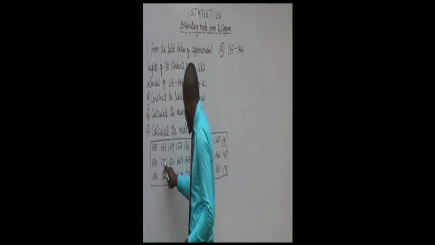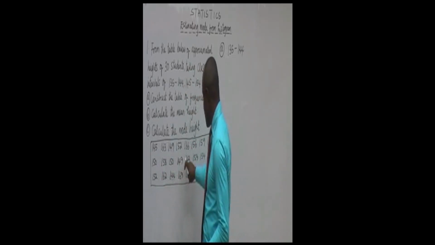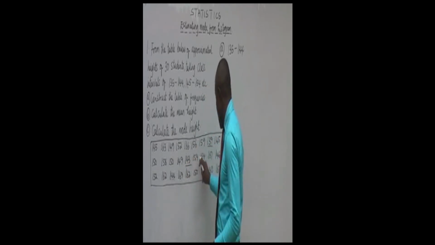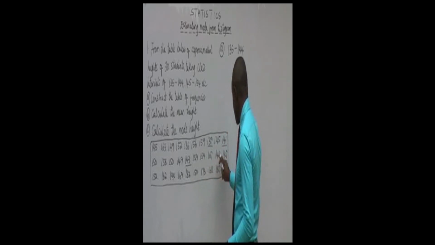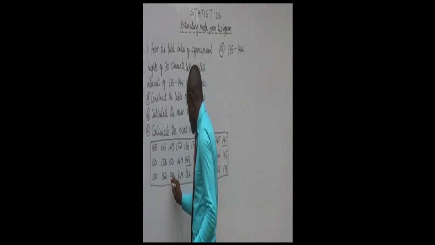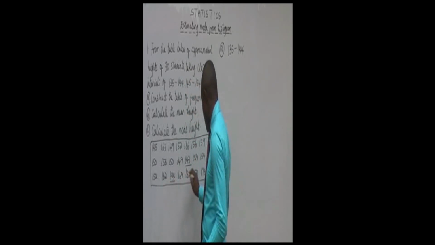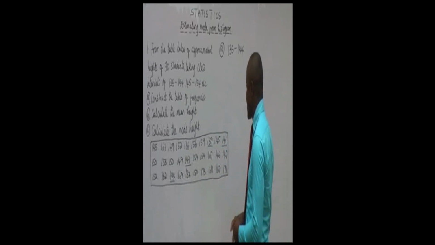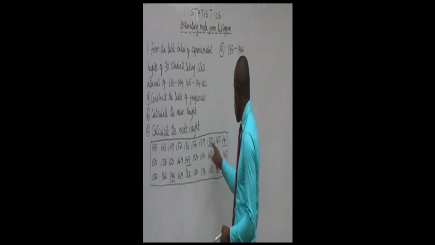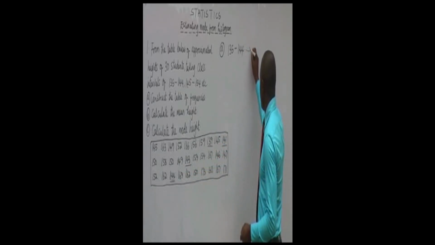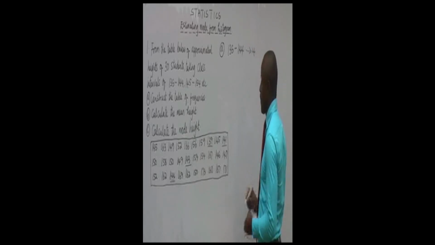This is among them. This is also among them. Now that you have marked the members, just count it. 1, 2, 3, 4. So go there and write. The first class interval has 4 members.